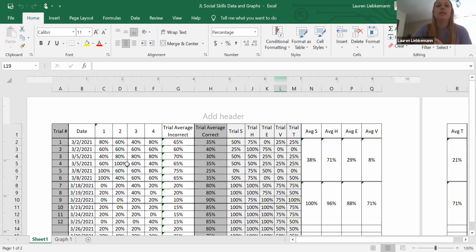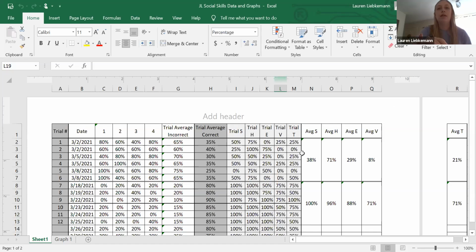And I'll explain this. So this 1, 2, 3, 4 was his different responses. His first response to the person he was speaking with, his second, his third, his fourth. On the right side, you see I have the trial average incorrect and the trial average correct.